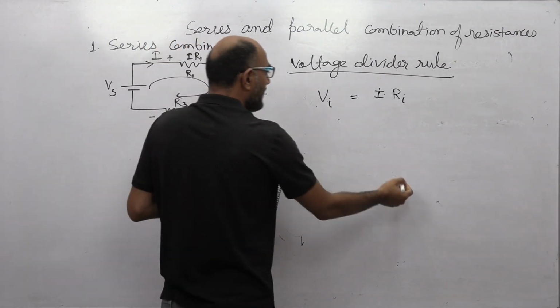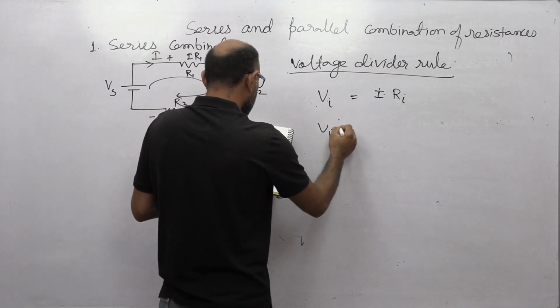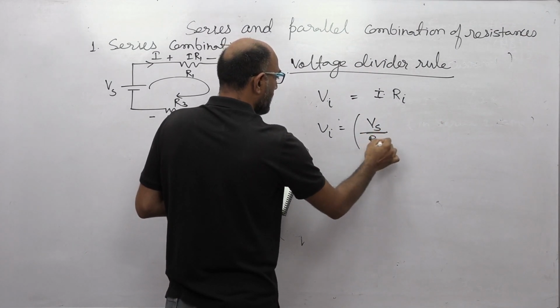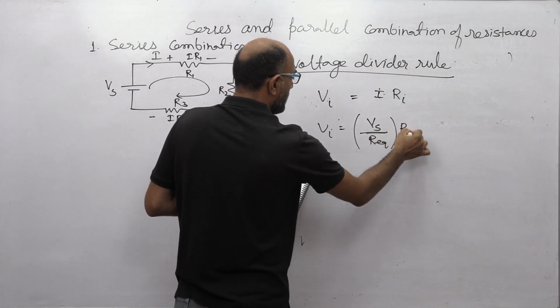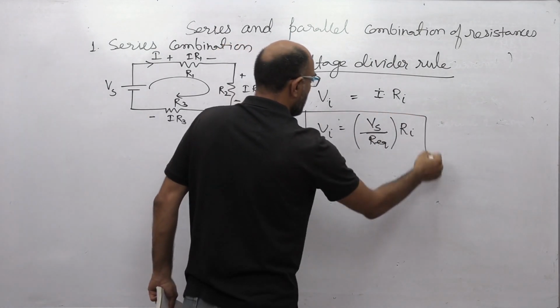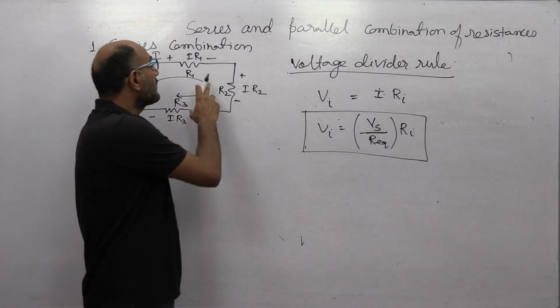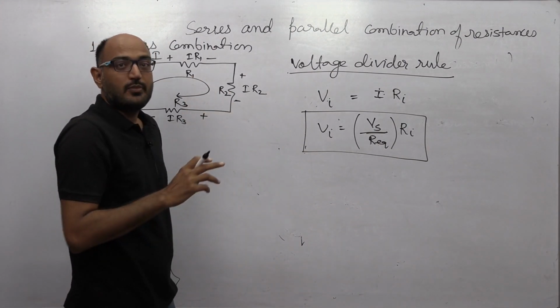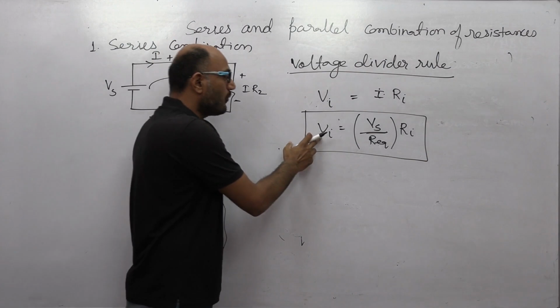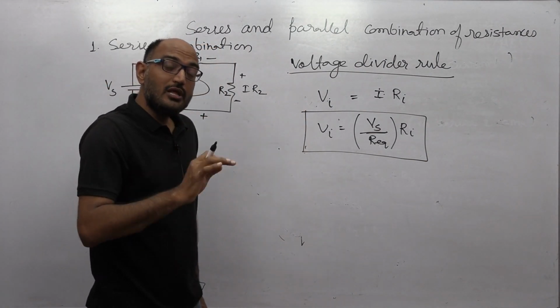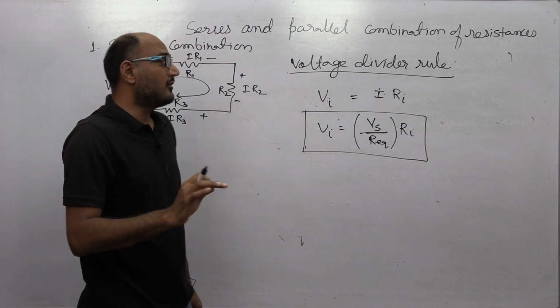And what is the value of I? We saw just now, Vi equal to Vs divided by R equivalent into Ri. This is known as the voltage divider rule, which tells how much voltage drop will occur on which resistive element. The voltage divider rule is only applicable in series circuits.